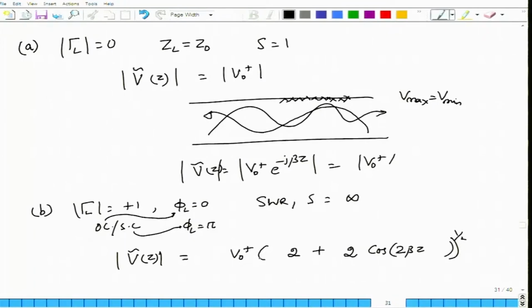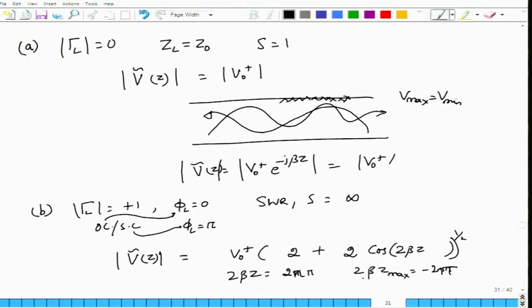Where will the maxima occur here? When 2 beta Z is equal to 2 n pi, n must be chosen such that Z will be negative. So, I can't choose n equal to 0, I can choose n equal to minus 1. So, when I choose n equal to minus 1, I get 2 beta Z, I am finding the maximum, equal to minus 2 pi.